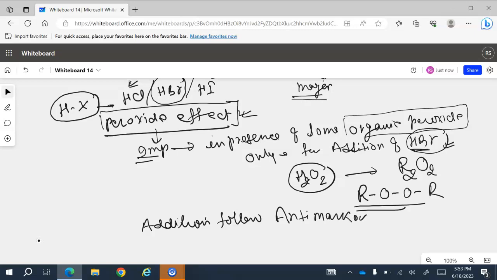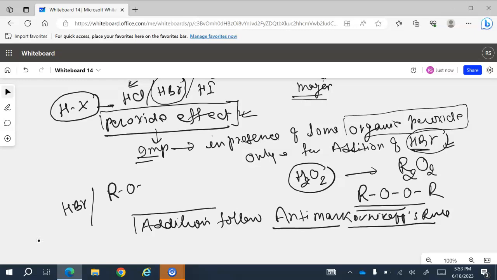Very important point. That means hydrogen will add to the carbon with fewer hydrogens, and bromine will go to the carbon with the larger number of hydrogens, only for HBr in the presence of organic peroxide.